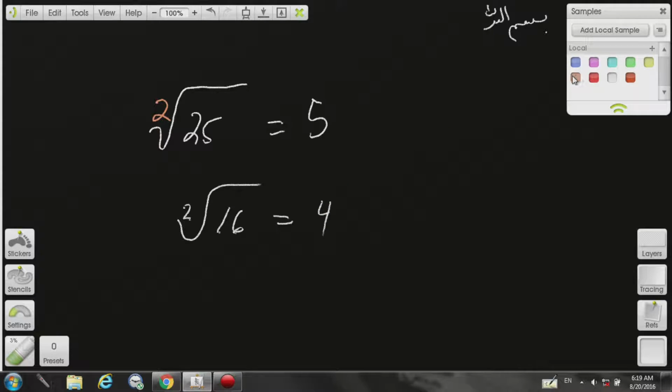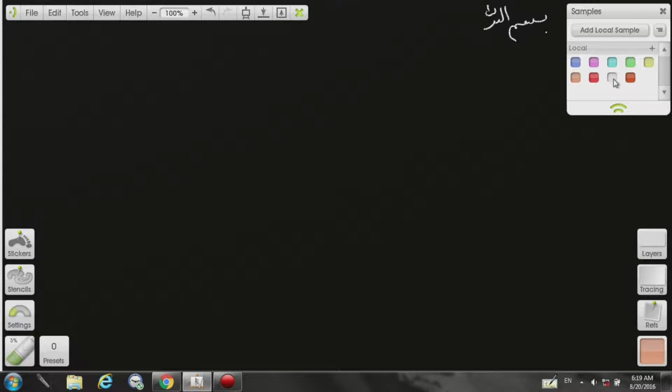When we say square root of 16, that means what number multiplied by itself gives you 16, and the answer is 4. Now, square root of 25 can be rewritten as 25 to the power of 1/2. That's what the second root of 25 means.